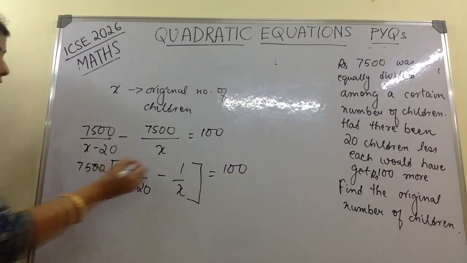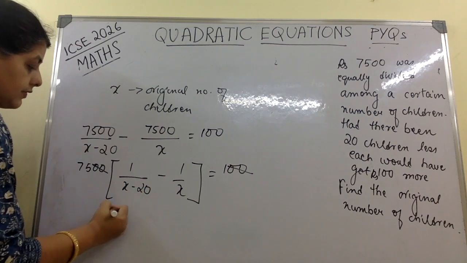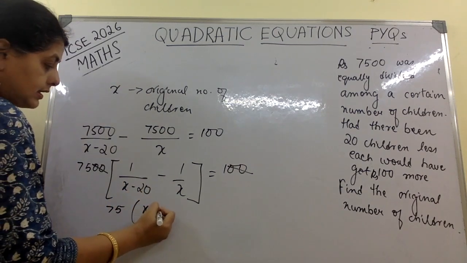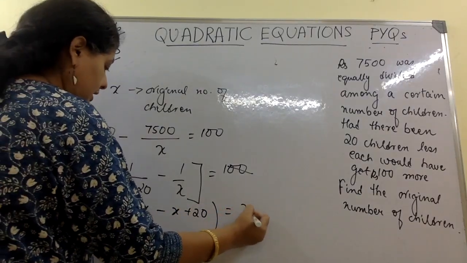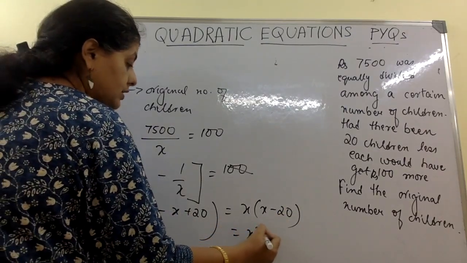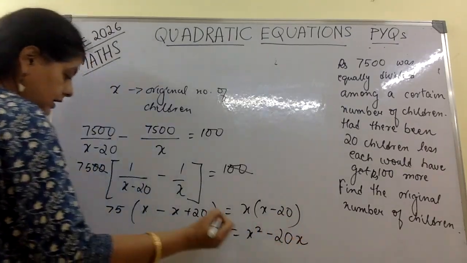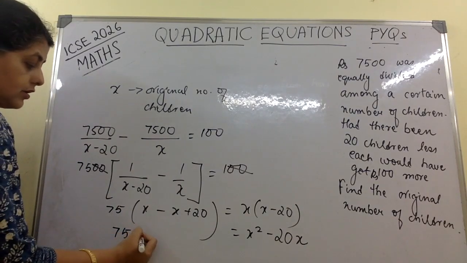Okay, now remove this, and this is now 75 and x minus x plus 20 by x into x minus 20 is equal to that. Okay, that comes to x square minus 20x, and here it comes to 75 into 20.